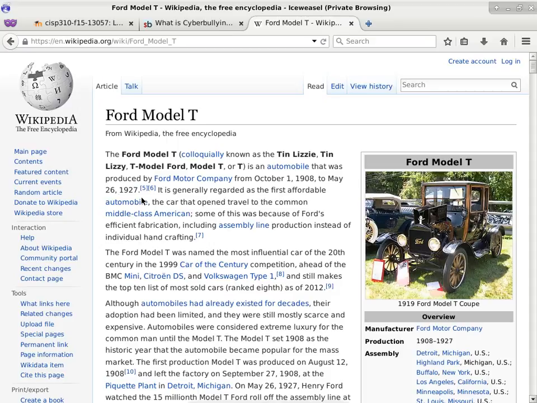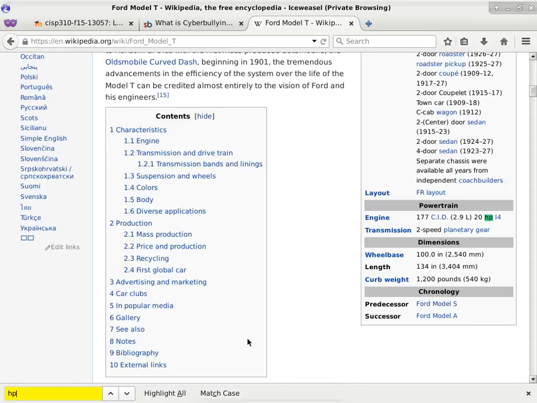What do you think is the horsepower of the original Model T? It had 20 horsepower. You look at 20 horsepower and go, my moped has more than that, right? And you look at a modern day Camaro. Let's say somebody bought the top end Camaro off the lot of a dealership.